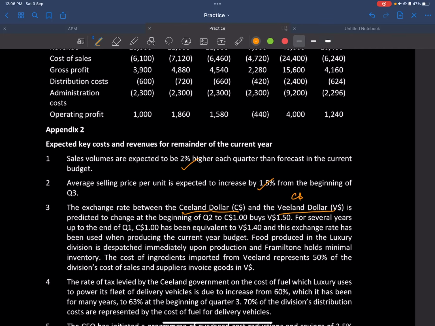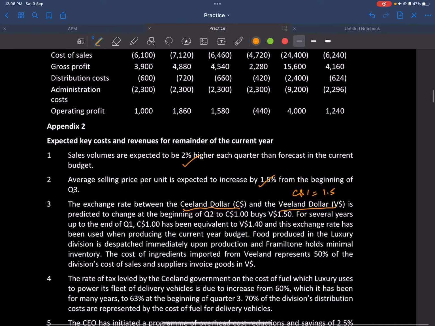C$1 equals 1.5. For several years up to the end, it was equivalent to 1.4, right? So our currency is being strong, which means our input cost will be less. The exchange rate has been used when producing the current year budget.